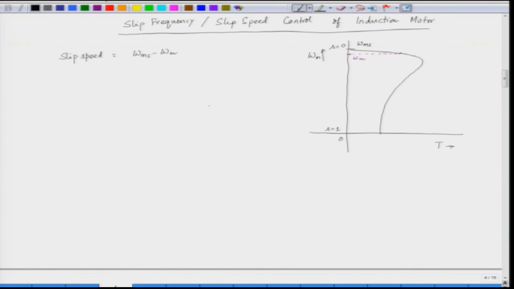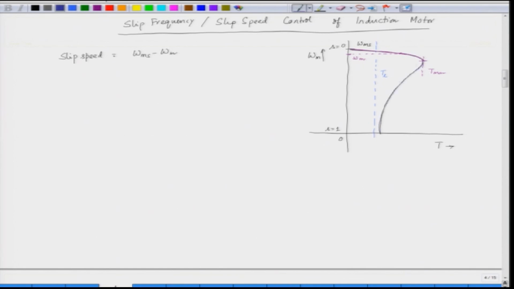Now, usually if we take a constant torque load, this is our T L. This region is the so called conventional stable region for a constant torque load, and here we get the maximum torque T max. This region is called the unstable region.